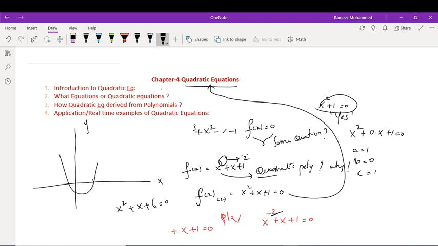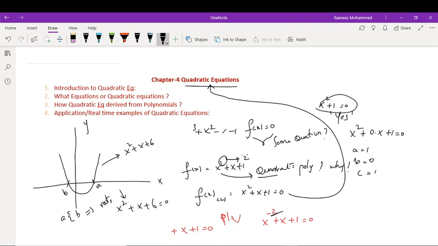Assume that this is 2 and this is 3. Here A and B are the roots of the quadratic equation, and this curve is x squared plus x plus 6. So this is how the structure of a quadratic equation should look.